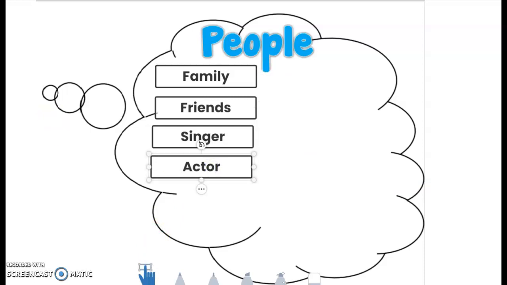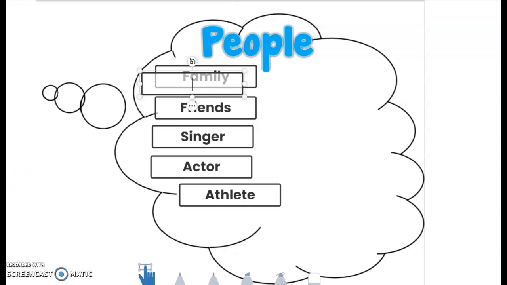All right, you might know a lot about an athlete, somebody who plays a sport. Maybe you have your favorite football player, your favorite basketball player. All right, those are some people we could write about. Can you think of some other people that you know a lot about? Who are some other people we could write about?